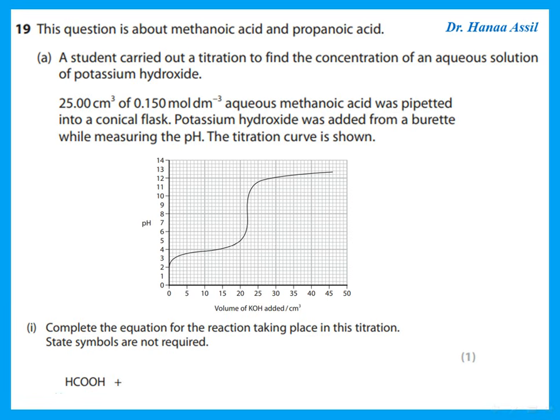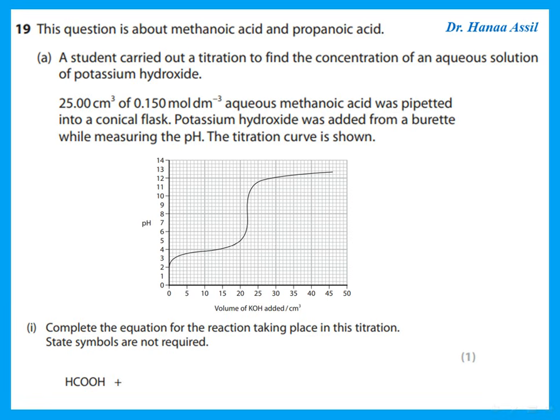This question is about methanoic acid and propanoic acid. A student carried out a titration to find the concentration of an aqueous solution of potassium hydroxide. So he has this volume of this concentration of methanoic acid. He pipetted it into a conical flask. Potassium hydroxide was added from a burette while measuring the pH.